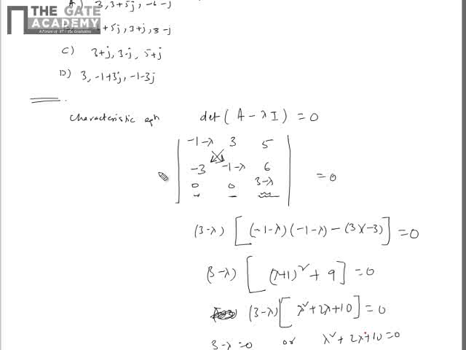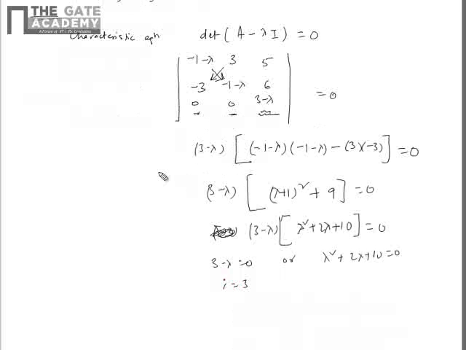Okay, so lambda is equal to 3 here, and here let's use the quadratic formula: minus 2 plus or minus root of b square, which is 4, minus 4 into 10, that is 4AC, where A is 1, C is 10, by 2.